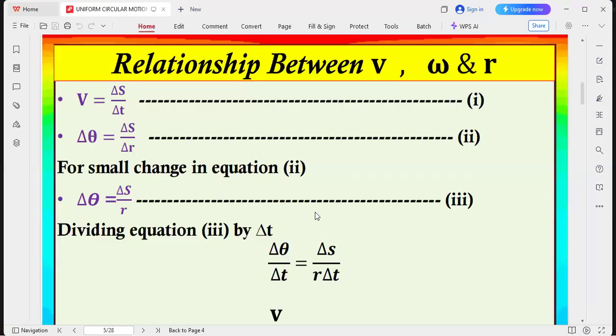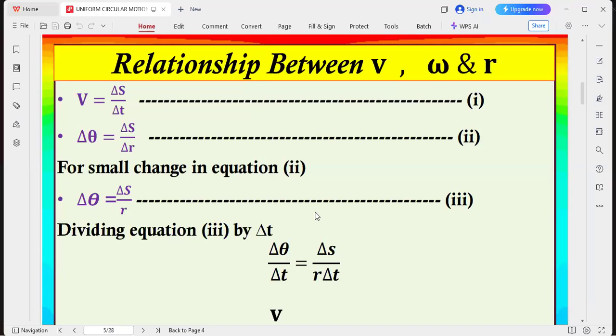We know very well that angular displacement theta equals S over R. Theta equals S over R. But we have also said that omega equals theta over T, the rate of change of angular displacement. Omega equals theta over T.